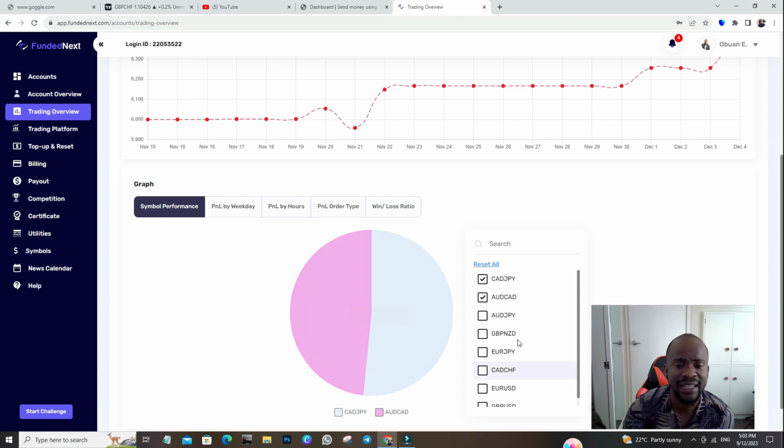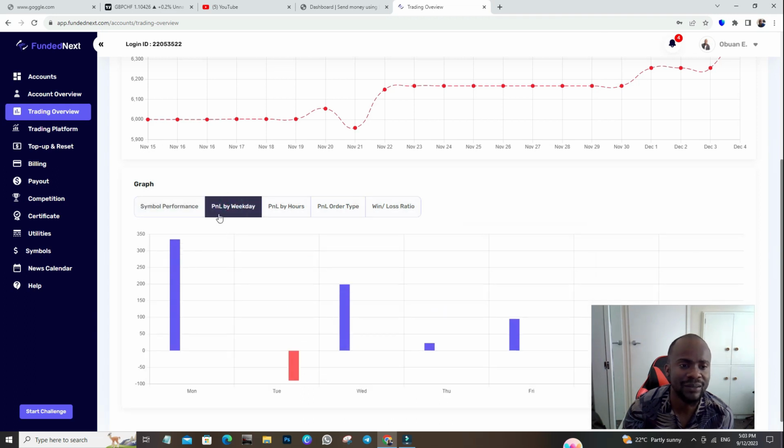You can see the graph in a pie chart. You can see that I traded CAD JPY and AUD CAD mostly, and my weekly P&L, you can see that on Monday of this particular week I actually made 334.24. Then on Tuesday I was in a loss of $90. Then I came back again, $198. On Thursday I made $22.